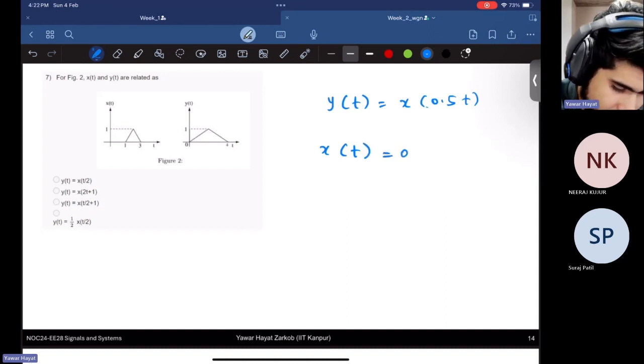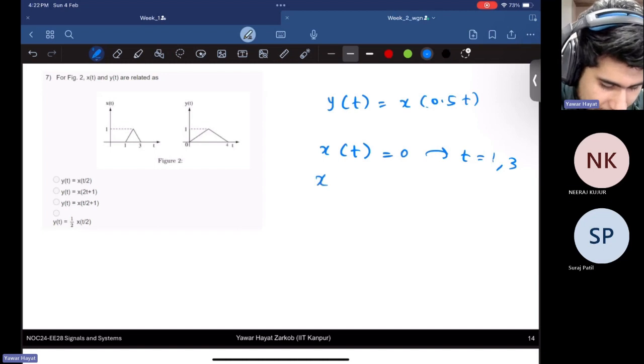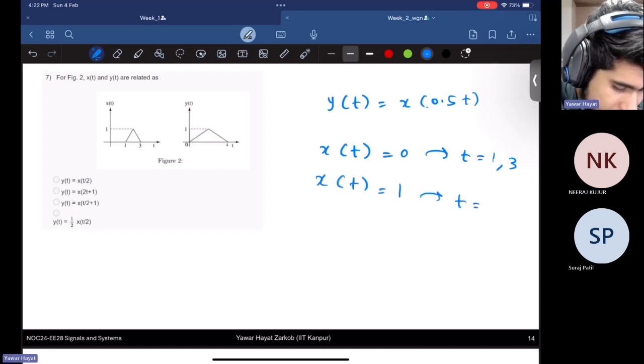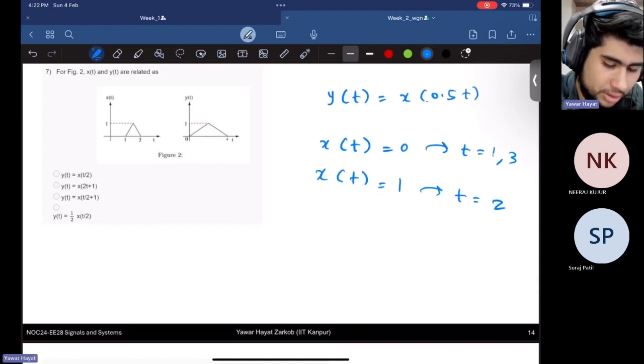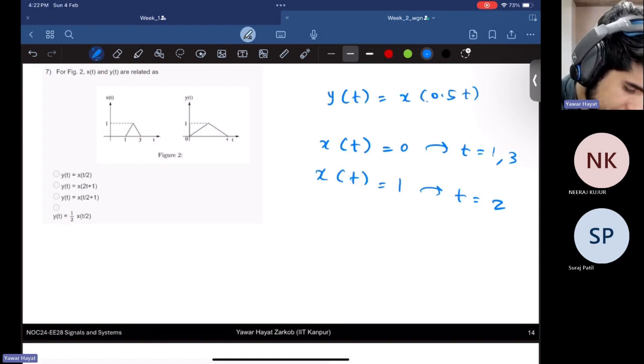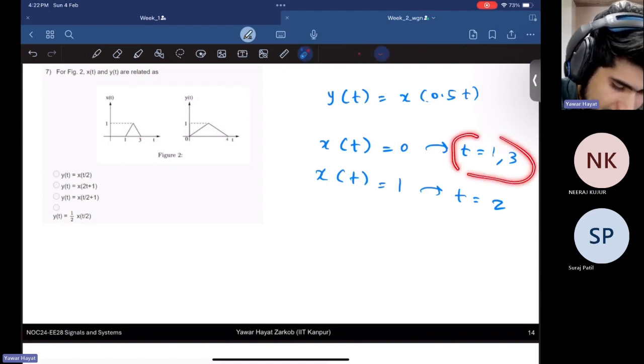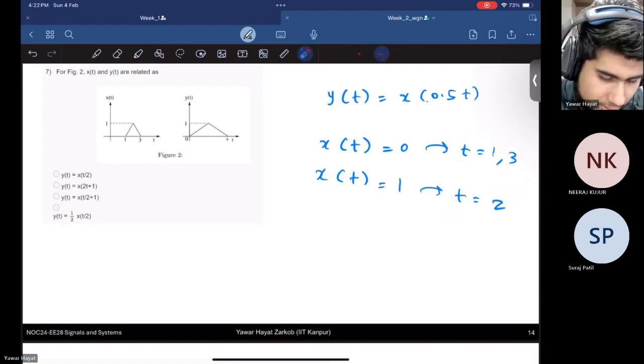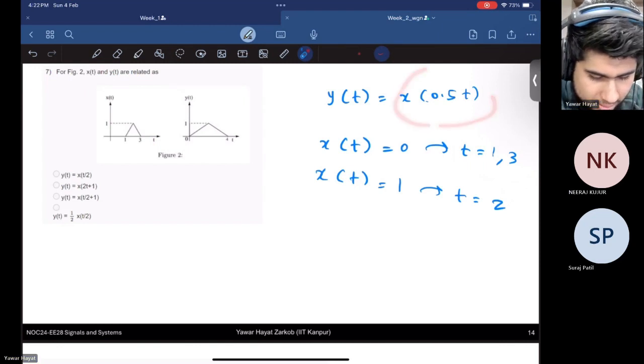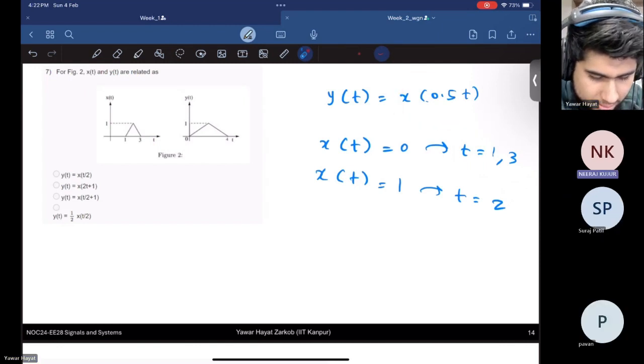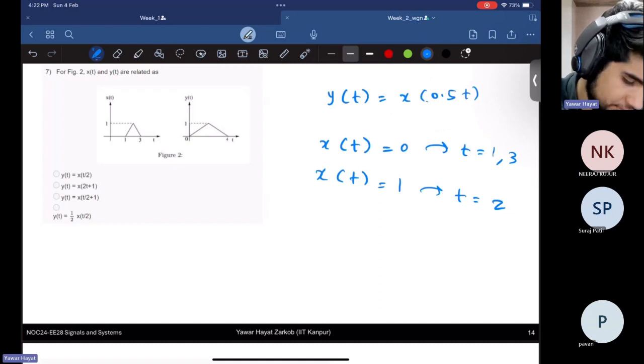x of t was 0 for t equal to 1 and 3. Agreed? And x of t was equal to 1 for t equal to 2. Now, these arguments, the whole arguments, they will remain same, right? Let's find out.